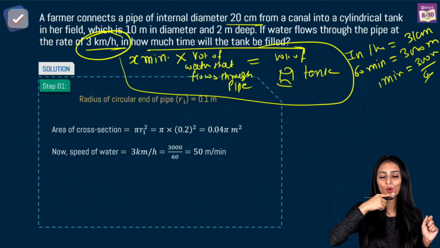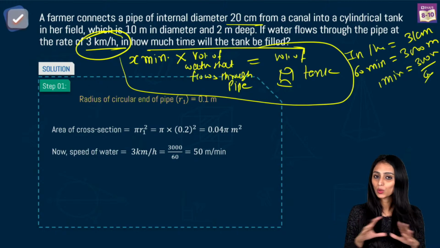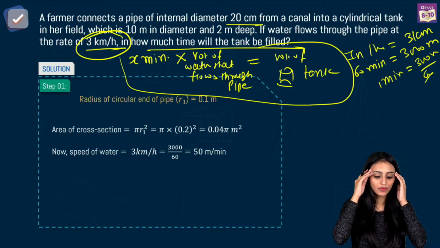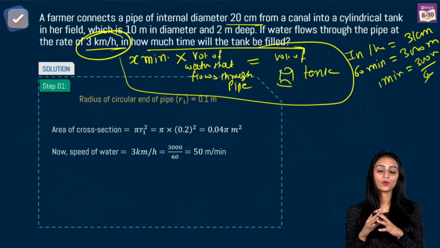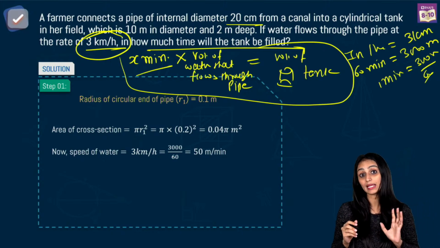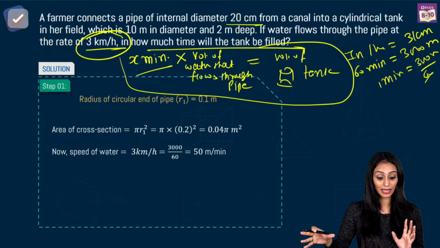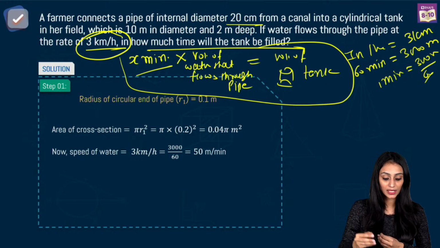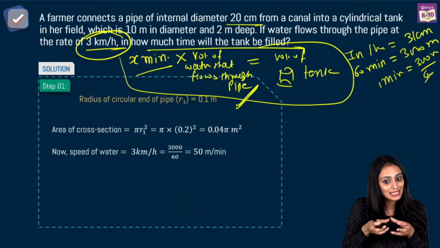No, Varuna, you cannot call it a formula. It's basically a concept. Don't mug up things. So what we are doing here is, I don't know how much time it will take, so I'm assuming X minutes to fill that cylindrical tank. I don't know whether it will take 30 minutes or 45 minutes. It all depends on the volume of that cylindrical pipe.